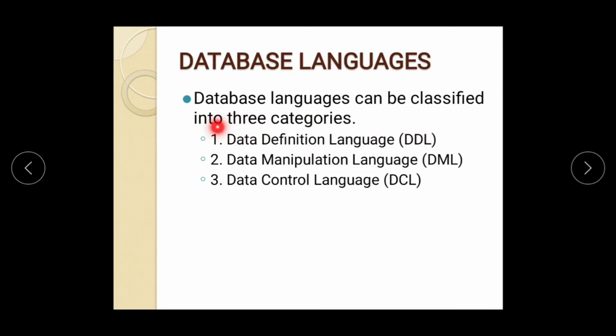Which means that I am not modifying the data stored in the database. I am just modifying the structure, or providing certain constraints or integrity rules. I am giving certain rules in the structure of the system or the database. Such a language is called data definition language. Next is the data manipulation language.